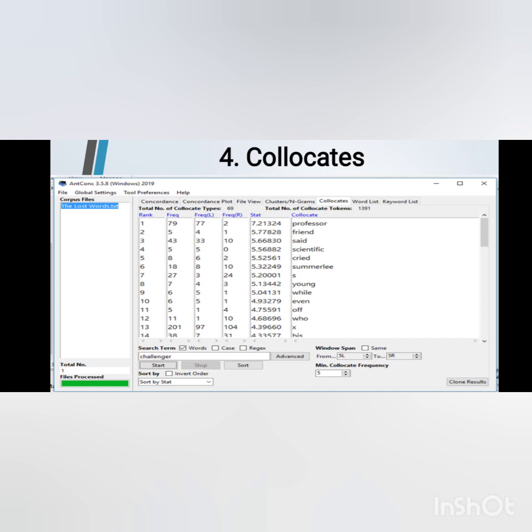I found 10 collocates in screenshot figure 4 by using AntConc. They are professor, friend, said, scientific, cried, Summerlee, as, young, while, and even, which occur in The Lost World novel.